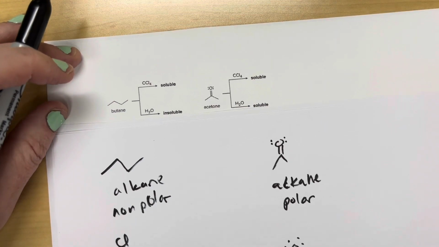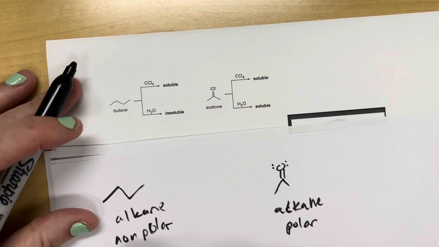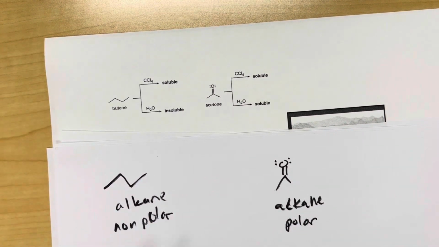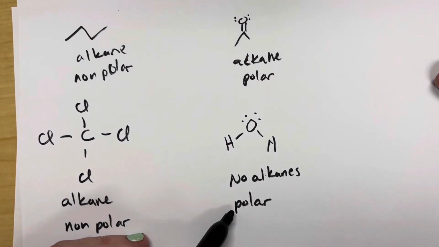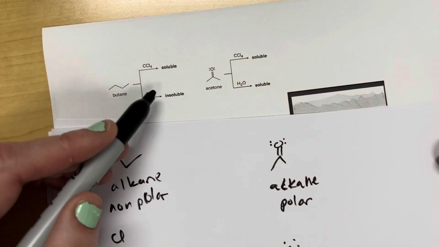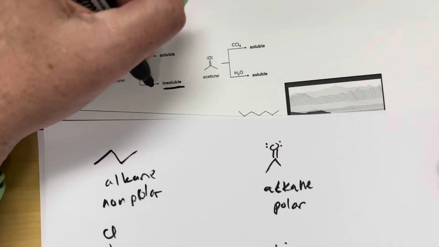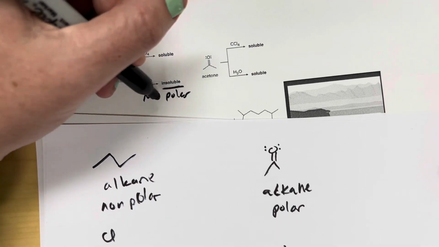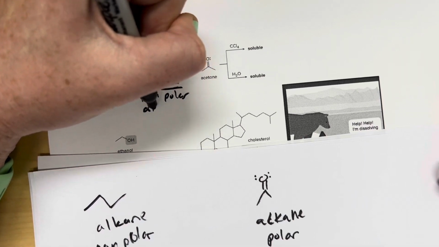Let's look at butane. Butane again is an alkane and it's nonpolar. So it won't dissolve in water because water doesn't have any alkanes and it's polar. So therefore it's going to be insoluble. Again, that's because it's nonpolar and it's an alkane.